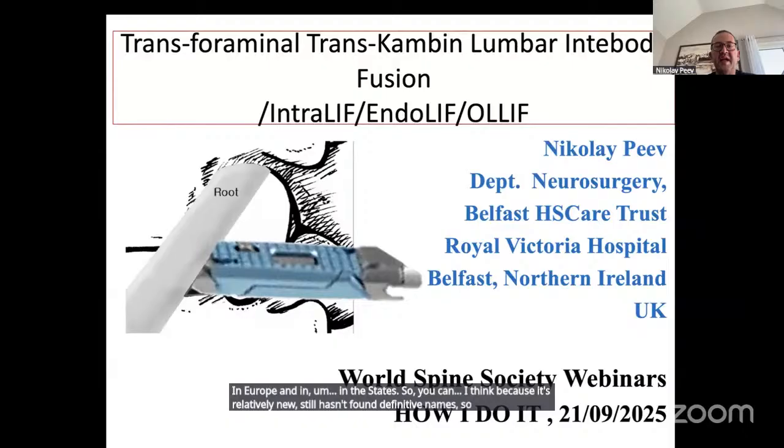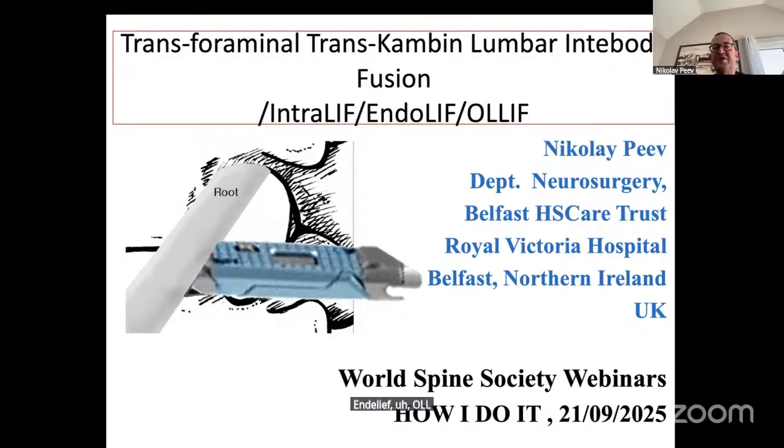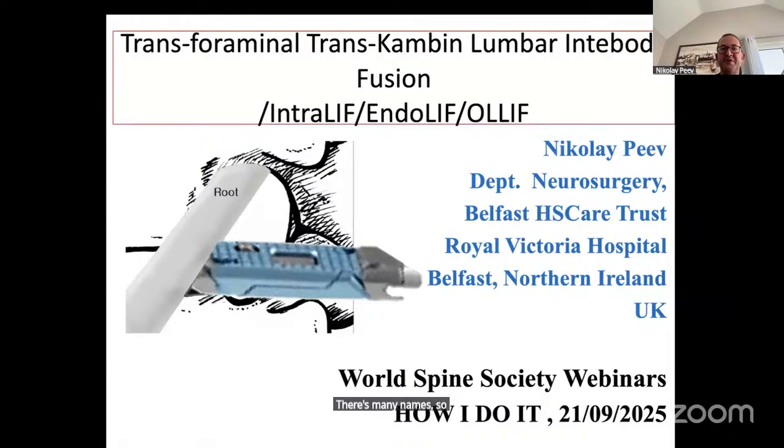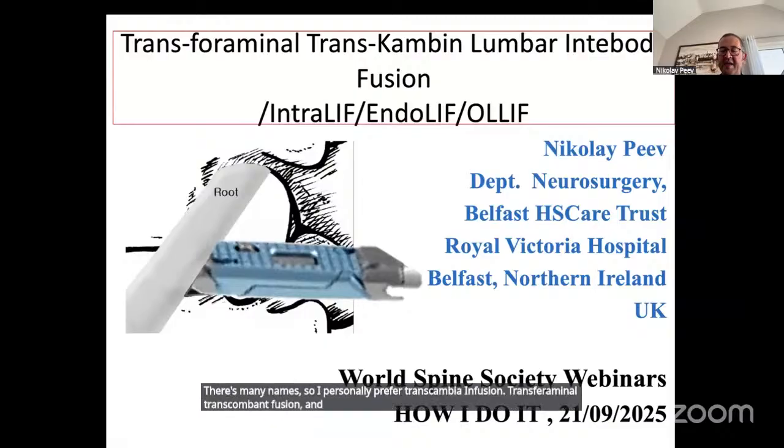You can see it in the literature as intralif, endolif, OLLIF, which is oblique lateral lumbar interbody fusion. You can find it as transforaminal Trans-Kambin lumbar interbody fusion. So there are many names. I personally prefer Trans-Kambin fusion, transforaminal Trans-Kambin fusion, and I use that term.